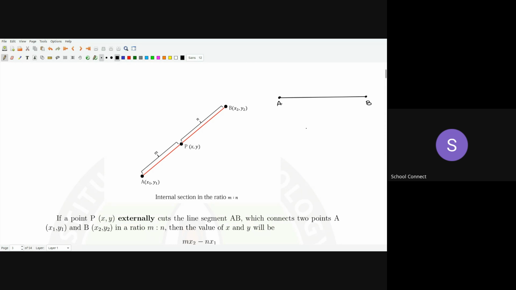So if I have to divide this big line into 2 equal parts, I will pick the center. I will call it C, and then this complete line will be broken into 2 equal parts. So this is one part and this is the other.